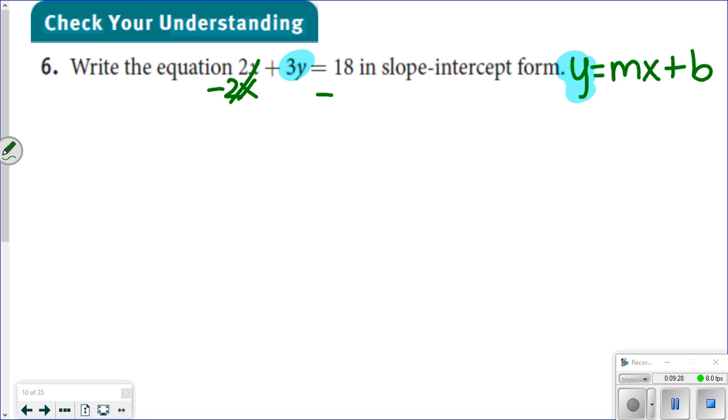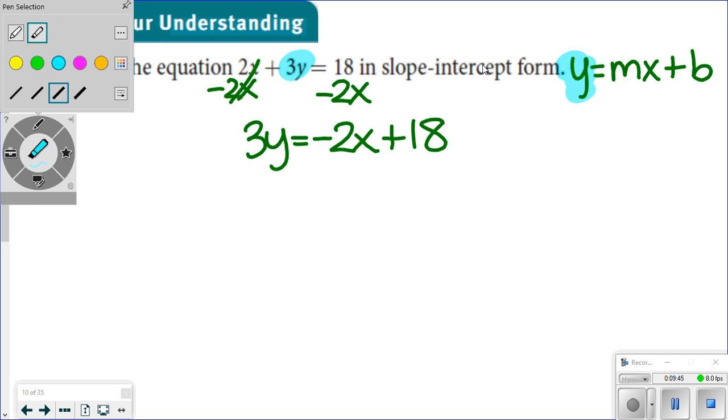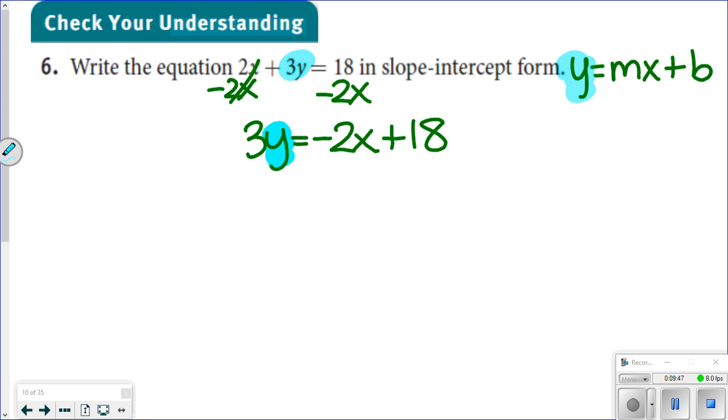Subtract 2x, subtract 2x. 3y equals negative 2x plus 18. Is y completely alone yet? What's out in front? It's being multiplied by 3.